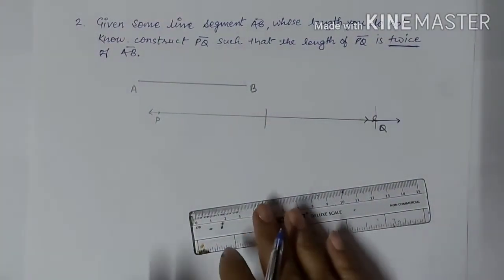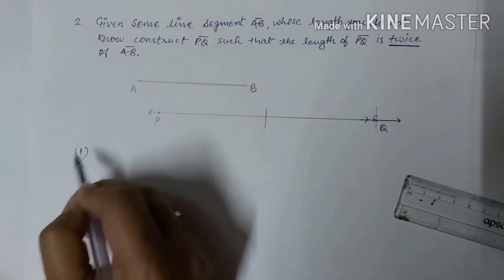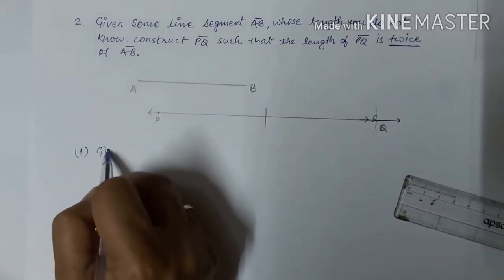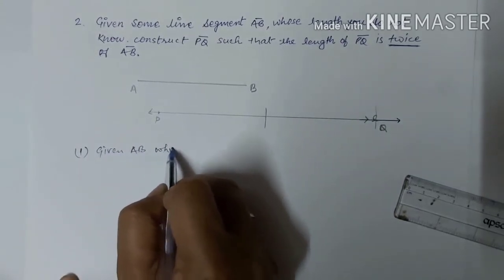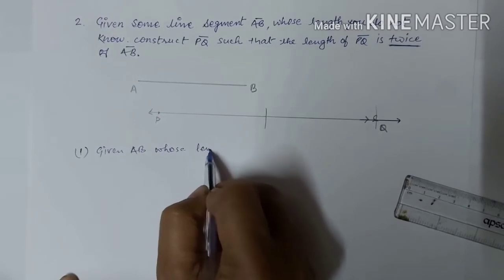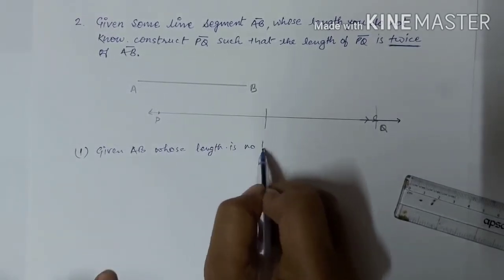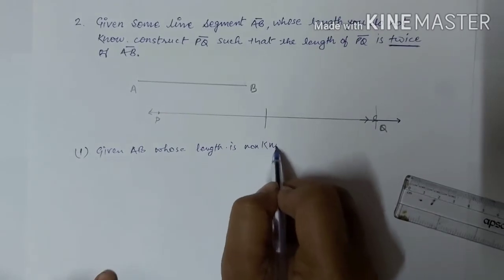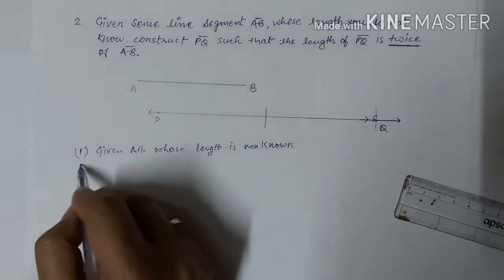Okay, now write the steps. First is given AB whose length is not known. Okay, this length is not given.